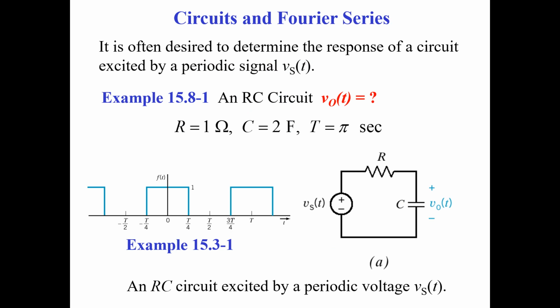It is often used to determine the response of a circuit excited by a periodic signal. We always talk about the response of a circuit to the pulse, the impulse, the step function, the rectangle. Here is an RC circuit, and we need to find the output across the capacitor, excited by this kind of function. We are given these values, and the time period is pi seconds.